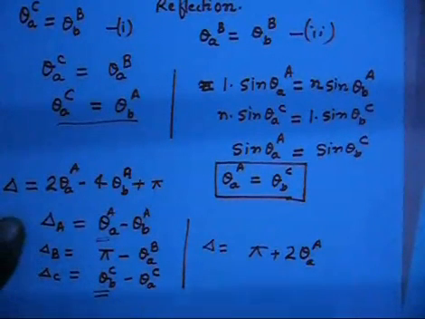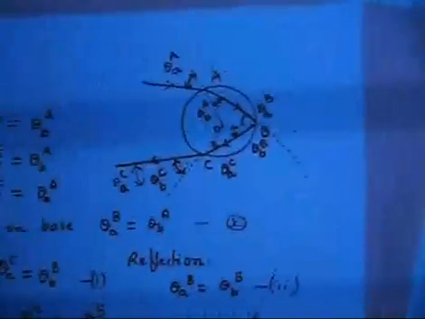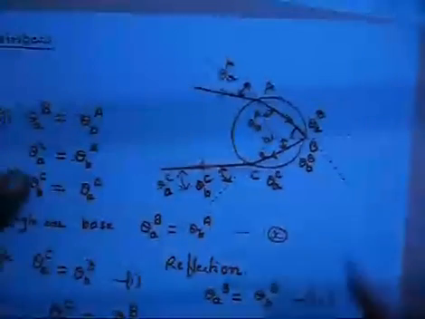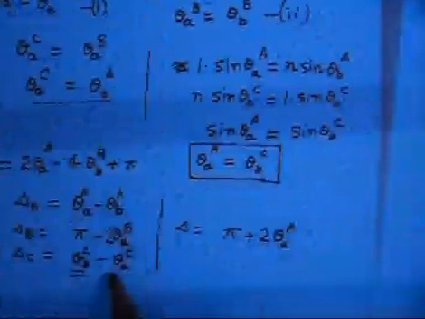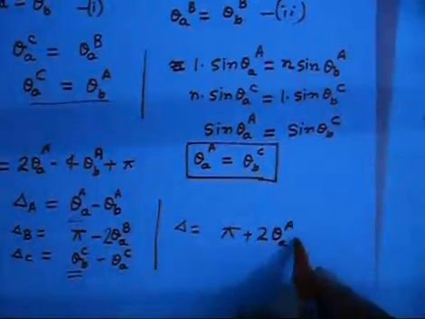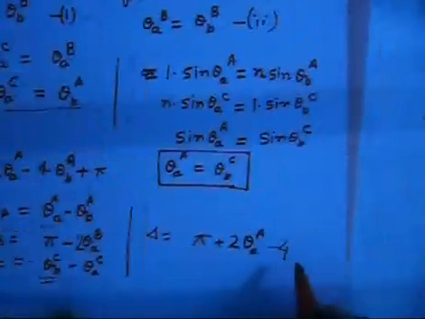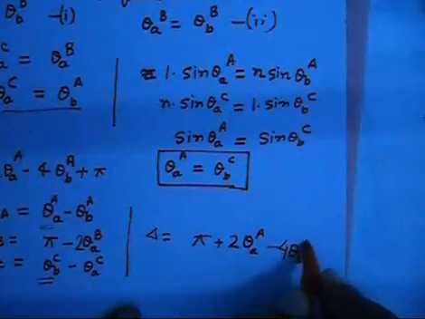So delta b is basically 2 times theta a at B. So this angle is 2 times theta a at B. So deflection is delta, pi minus, so this is total. Now these all angles are equal. We have already proved these all theta b at A, so these all angles are equal. So I can write 4 times theta b at A.